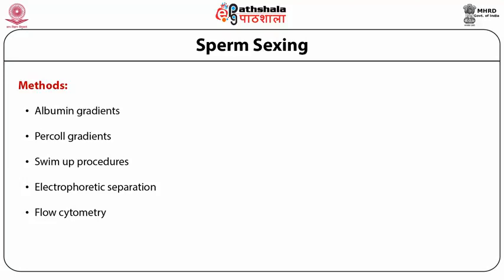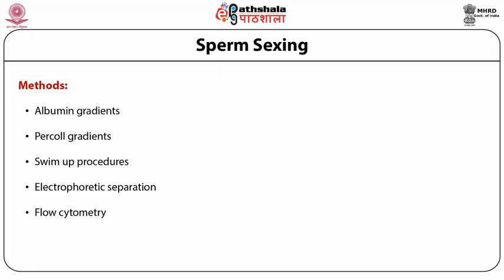For example, Percoll gradient and albumin gradient are based on the difference in the size and mass of X and Y sperm. Y sperm is slightly smaller than X sperm, so the difference in motility can be used for separation of X and Y sperm, although that can be very difficult.